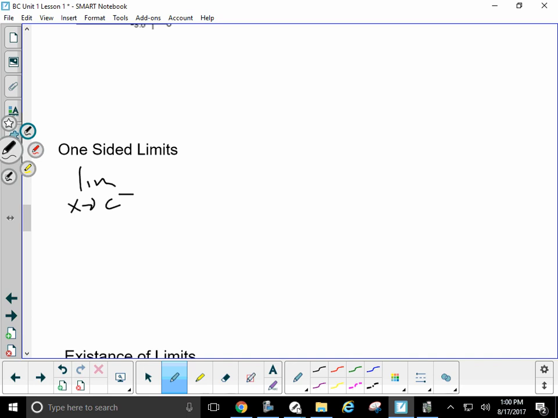This means the limit as x approaches c from the left. It's called our left-hand limit, or LHL for short.